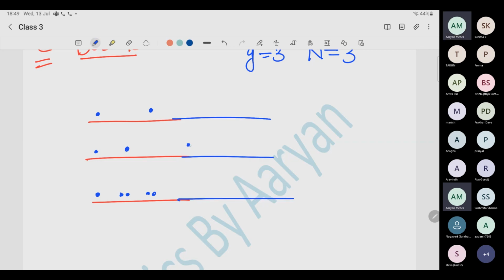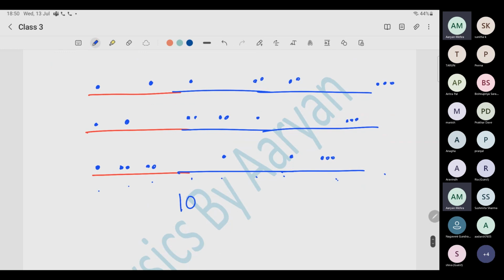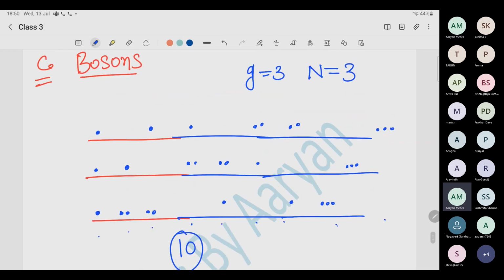Other is 2 particles here, one here. And then comes the last situation, all 3 in one. So what is the total number? 1, 2, 3, 4, 5, 6, 7, 8, 9, 10. So the number of ways is 10.